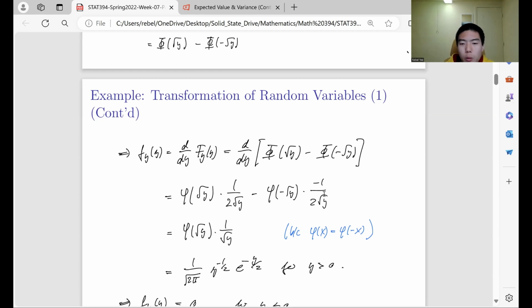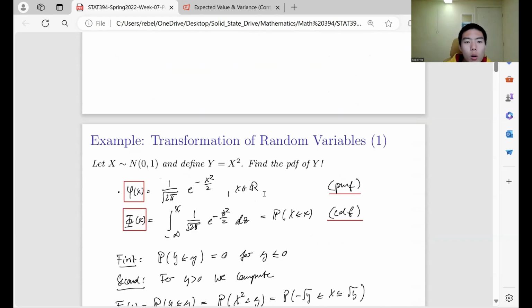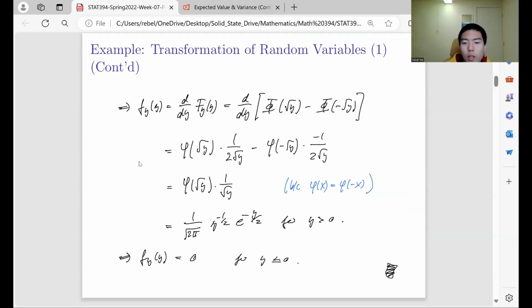And similarly, we can compute the other term. Luckily, because of the symmetry of the normal random variable, phi of x equals phi of negative x for all x. So this one equals this one. We just add the two together and cancel out the negative in these two forms.